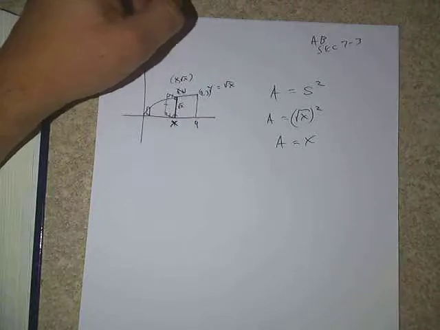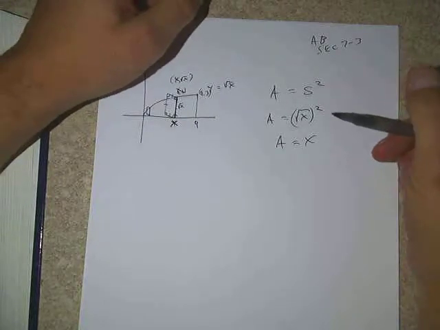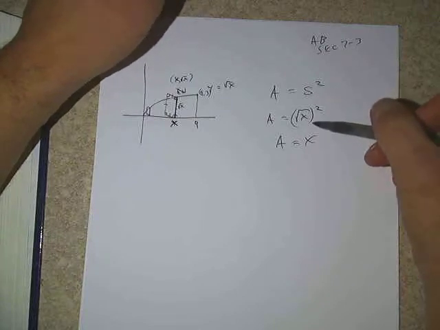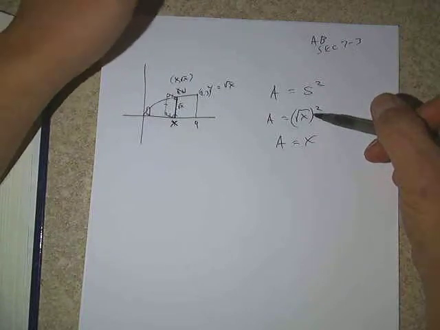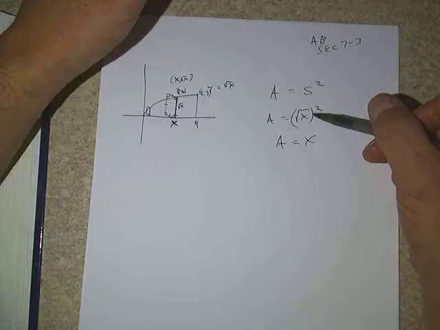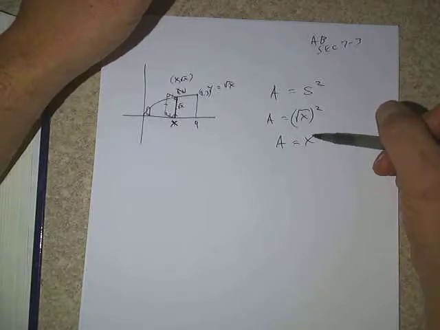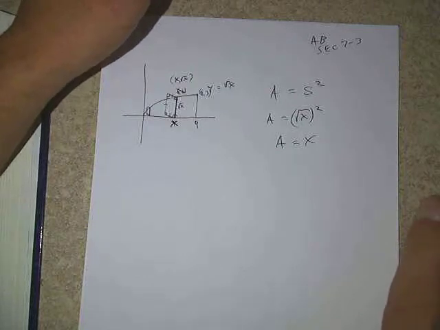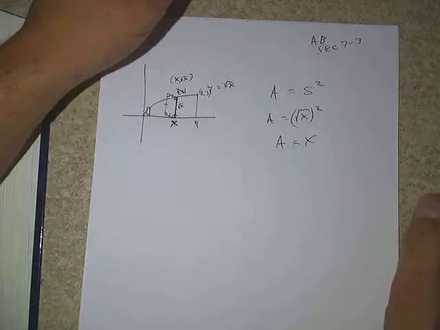It's radical x. And so therefore our area is x. Once we establish that, we use our geometry formula for whatever shape our slice is. Then we have our geometry formula, we plug in whatever our dimension is. In this case, there's only one dimension because it's a square. And we get a formula now for the area of that square.